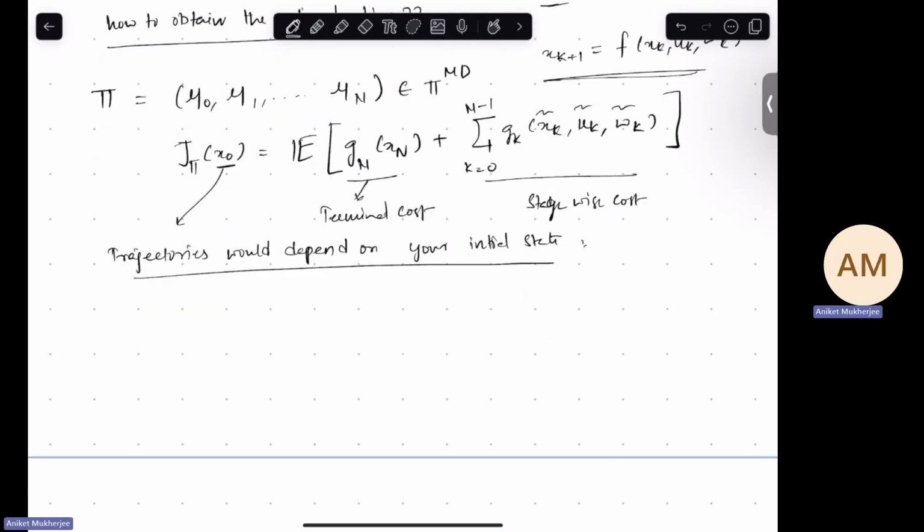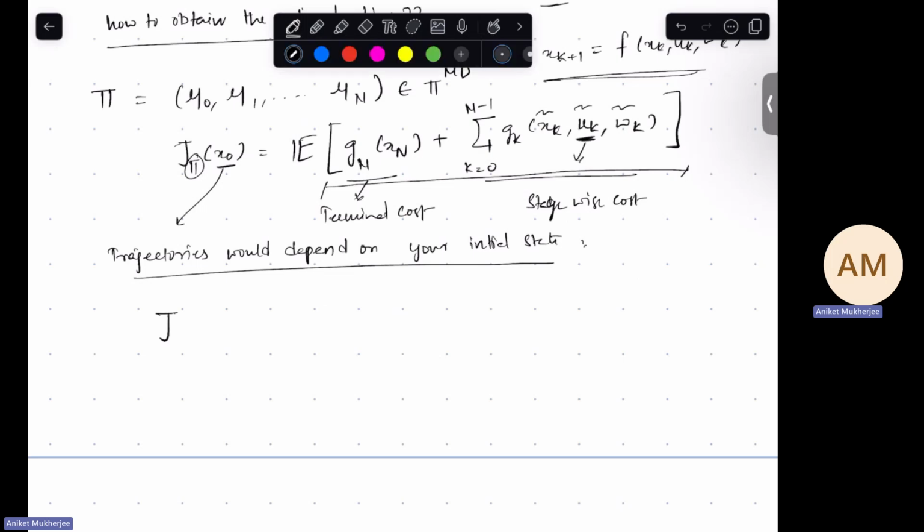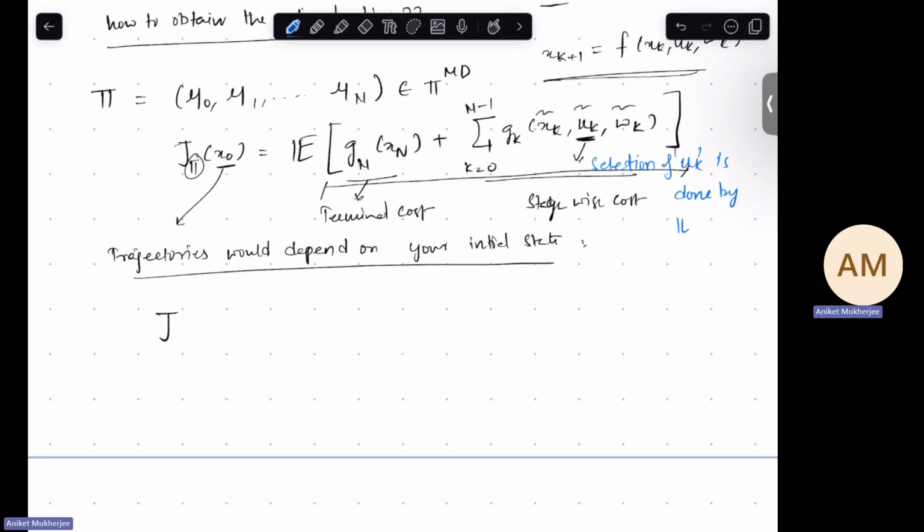So basically, this whole trajectory is calculated based on the policy pi that you have given. The selection of the UKs is done by the policy pi.